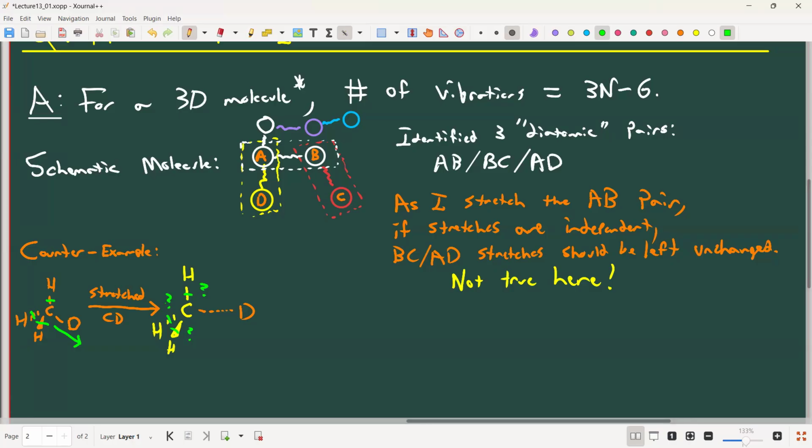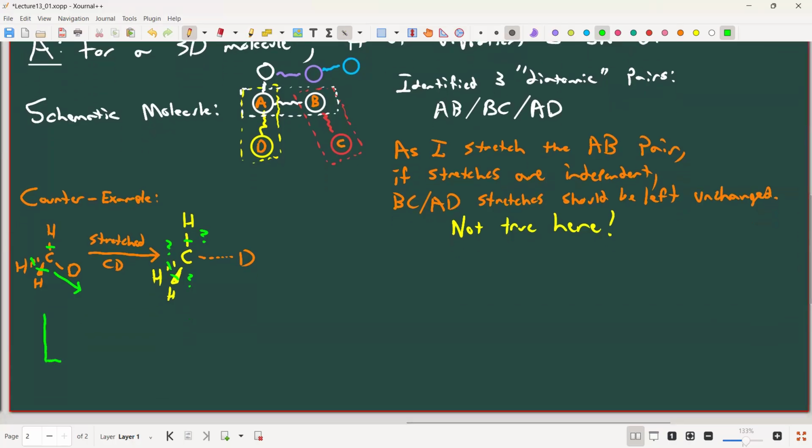The answer is no, because of what happens experimentally. As you start to pull that atom away, I'm doing what's called a homolytic cleavage here. I'm taking one electron and taking it away and leaving another one there, and just cutting the bond. Now, what happens in this intermediate when it's stretched is that the hydrogens on the carbon change geometry.